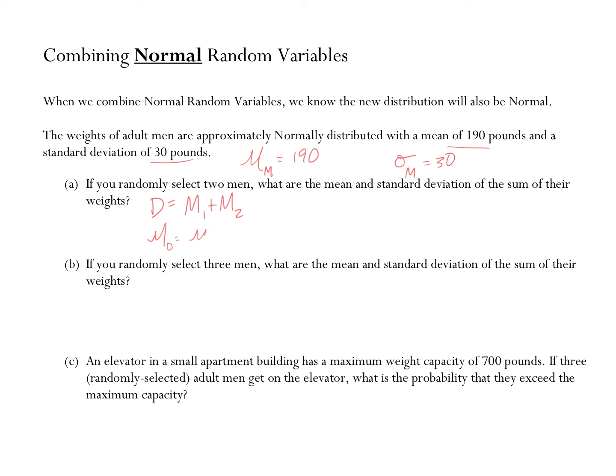Well, if we follow those rules, it would be the mean for the first guy plus the mean for the second guy. But when it's 2 men, when we have M1 and M2, those means are the same. Are we comfortable with this?